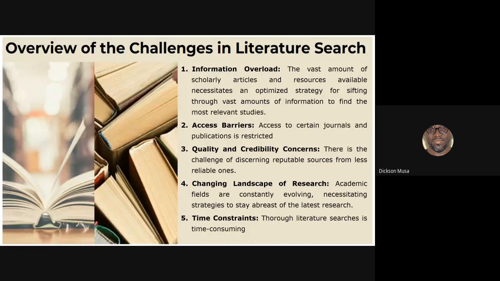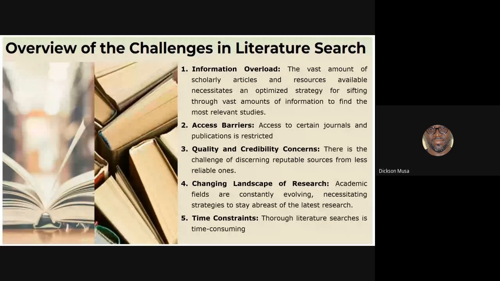And there are a lot of challenges that come with literature search. One of them is information overload. There's a vast amount of scholarly articles and resources available online and offline related to your research area.